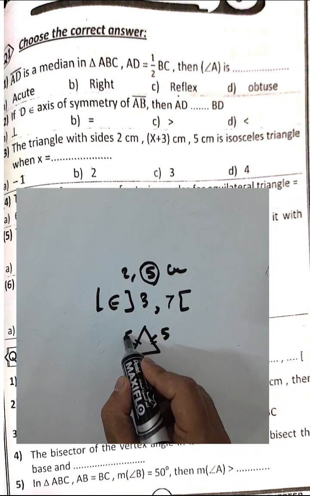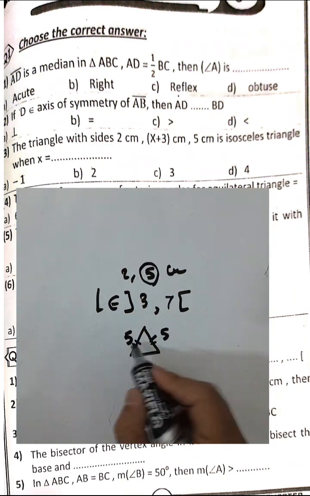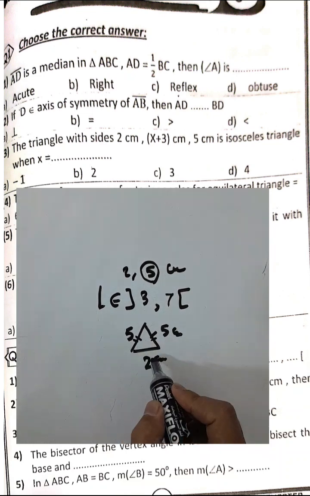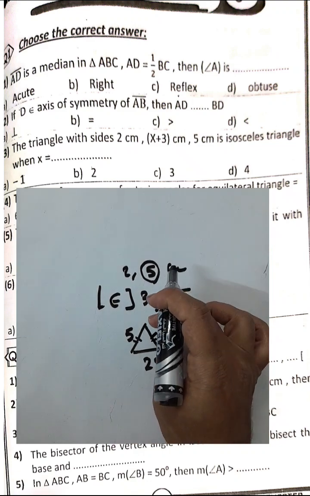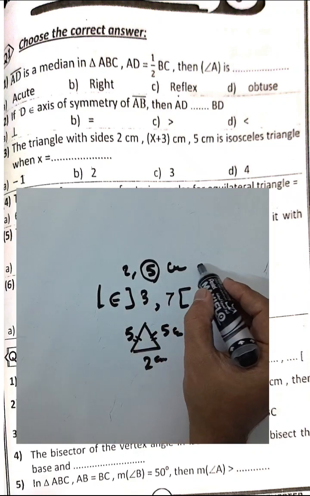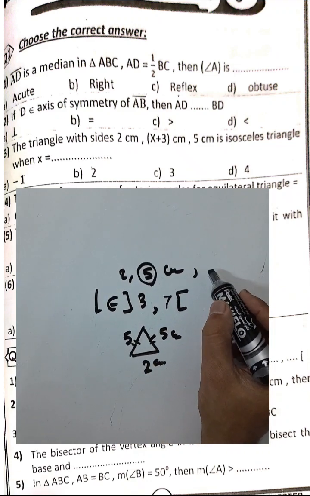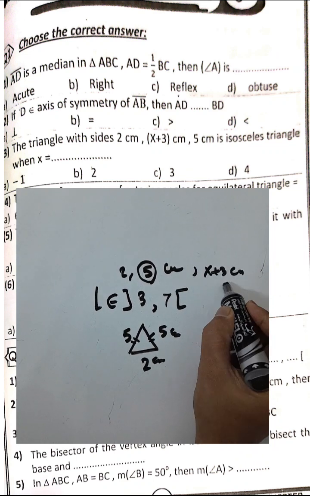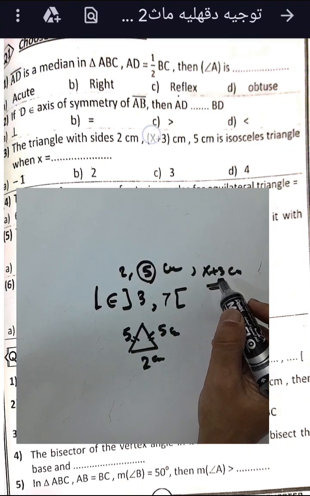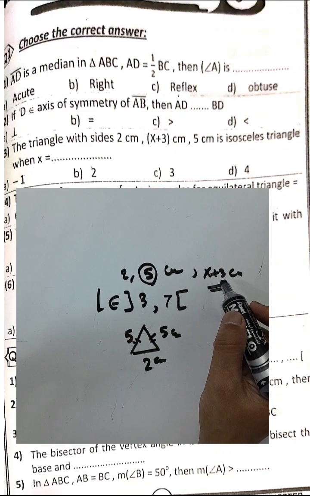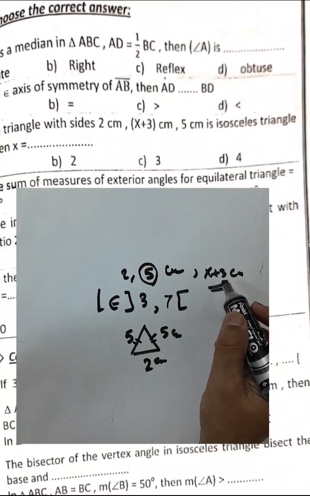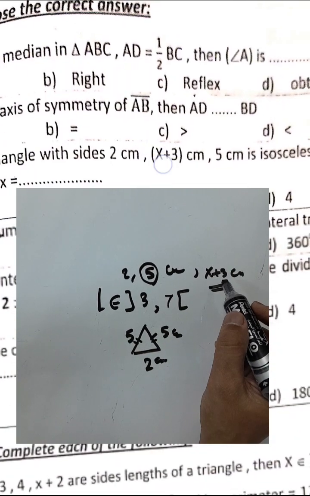Then 5 and 5 and 2 will be the side lengths of this triangle, because it tells us this triangle is isosceles. The third side here is x plus 3 cm. Look here, x plus 3 cm is the side length in this triangle. Then x plus 3 equals 5.